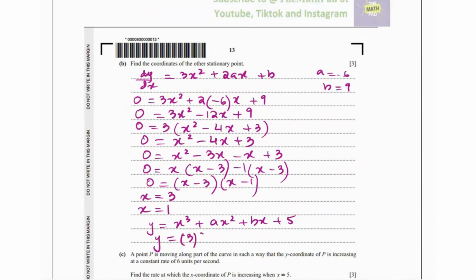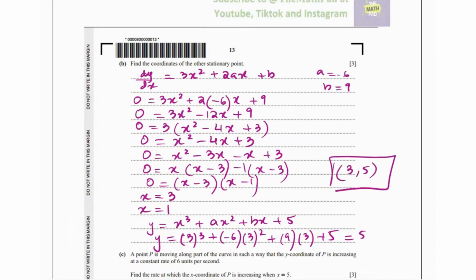So x would be 3, because x equals 1 and y equals 9 is already given in the question. And that gives us y equals 5. So the point is (3, 5). That is the answer.